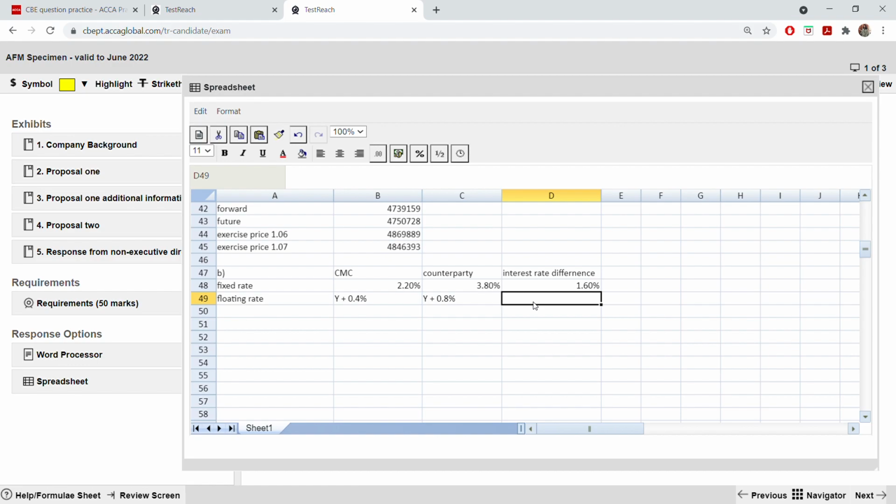Now let us take the difference between these two and see whether Excel will perform this function or not. This minus this will not perform. Why? So Y is there. Because of this, it's not a number anymore.